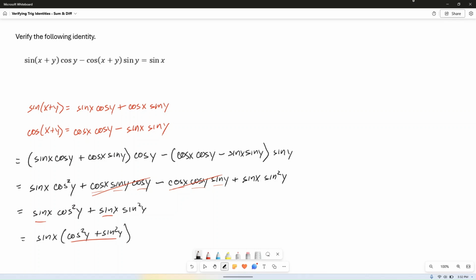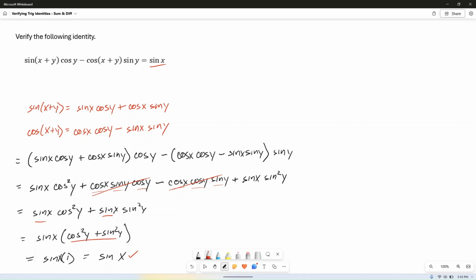That's our Pythagorean identity. And so this is just going to turn out to be sine x times a 1, which is just a sine of x. And if you look, that's what we needed to show that it was equal to. So again, that's one way that we could verify that the sine of x plus y times cosine of y minus the cosine of x plus y times the sine of y is equal to sine of x.